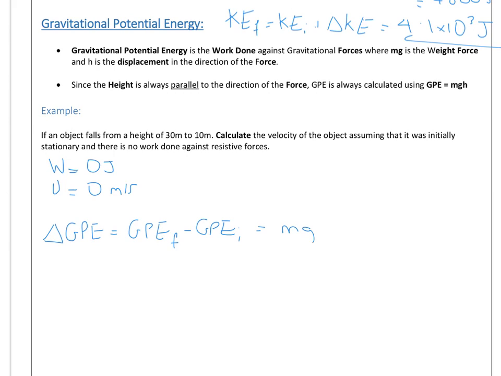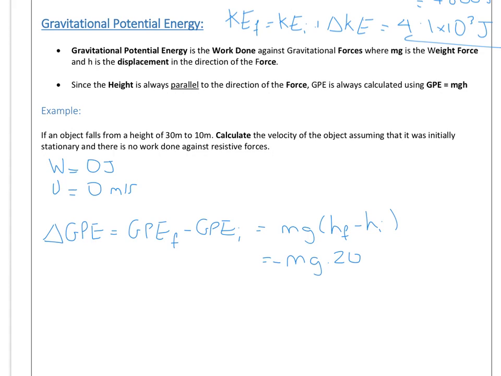I'm going to factorize straight away because I showed you that earlier. So it's going to be mg times 20. You'll notice the question doesn't actually give you what the mass is, but you'll see in a second that we don't need it. And that's minus because it's 10 minus 30, so we get minus 20.